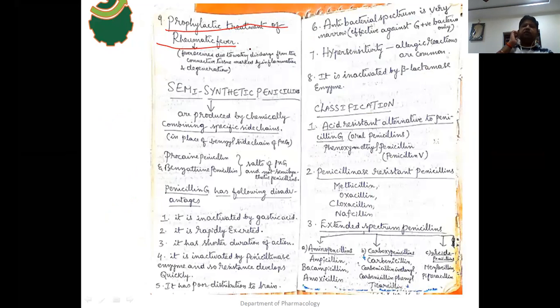Rheumatic fever, as I told you, is a fever that occurs due to watery discharge from the connective tissue, especially the joints, marked by inflammation and degeneration. I mentioned this just a few minutes before.